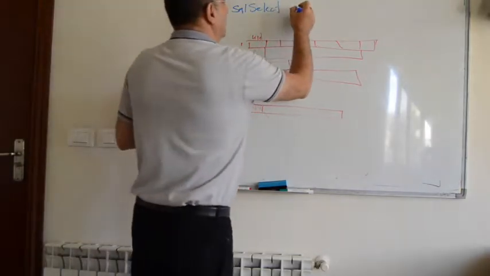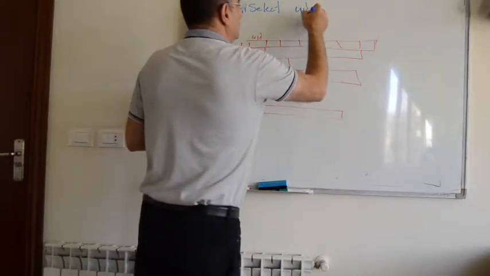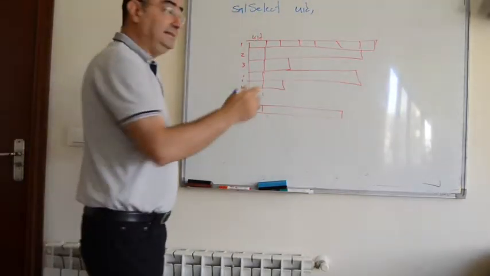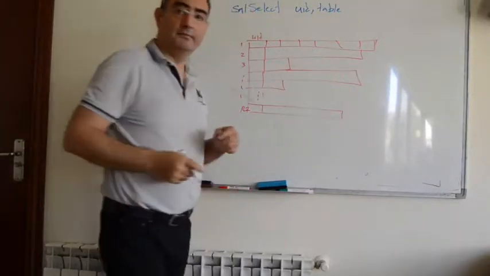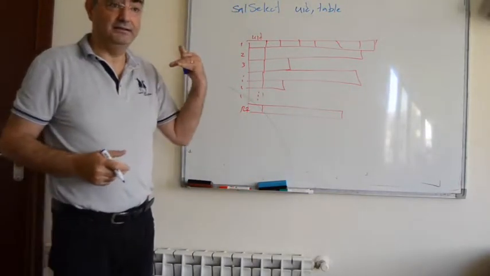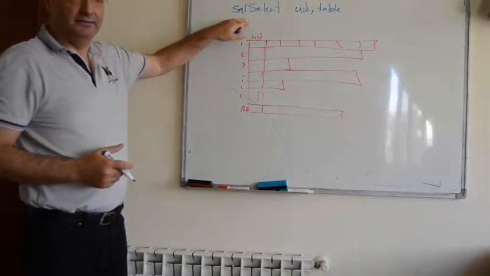So it will take a UID of a row, a table, and will fill it. How does it do that?